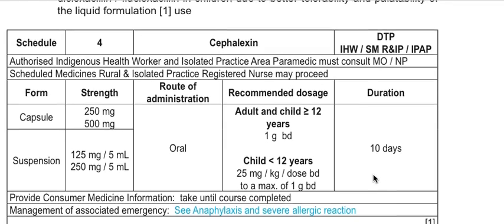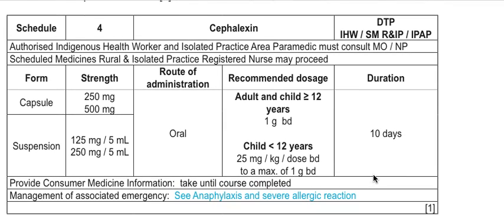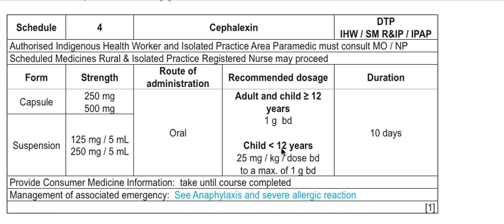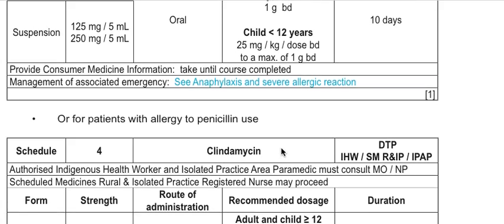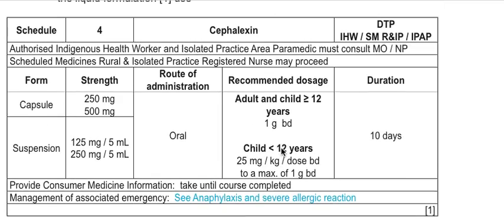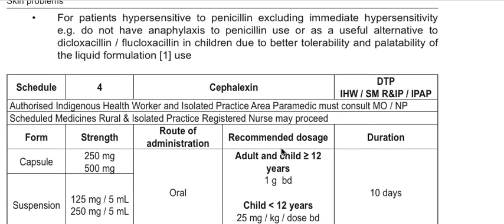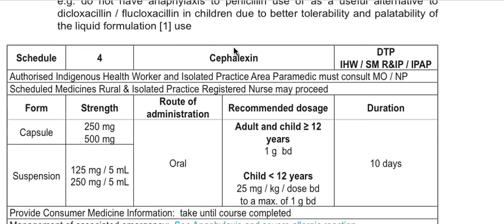Or if you've got a hypersensitivity to penicillin, you can use Keflex. 1 gram BD, which is kind of similar to 500 QID, isn't it? Or 25 mg per kg BD, which again is similar to 12.5 mg per kg QID. So you want to give that if there's hypersensitivity to penicillin but not an immediate hypersensitivity.